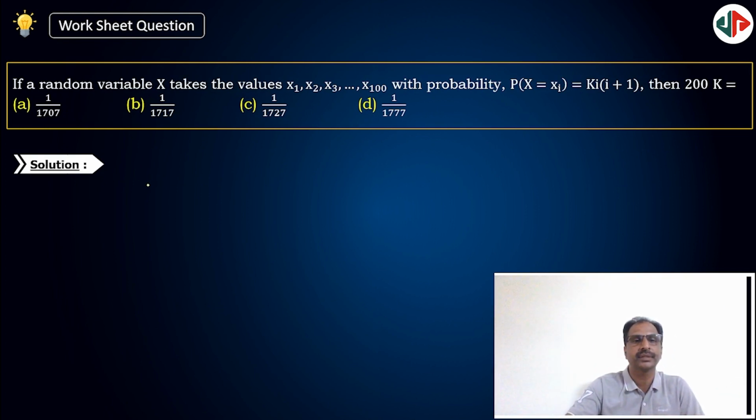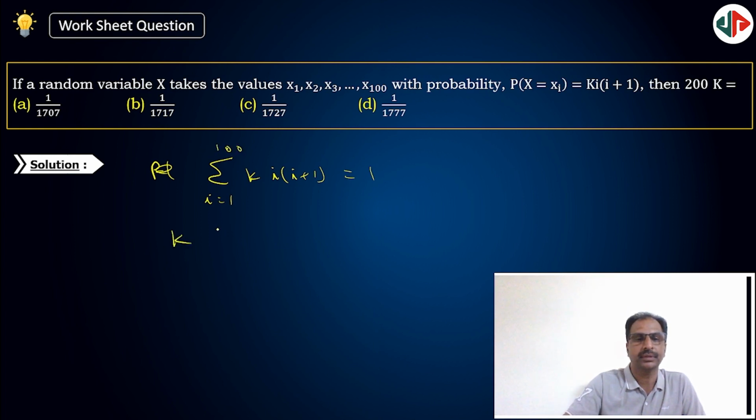A random variable x takes the values x1, x2, and so on up to x100 with probabilities given. What is 200k? So what is the sum of probabilities of any distribution? 1. Here i values 1 to 100. So this is nothing but k into sigma i square plus sigma i.